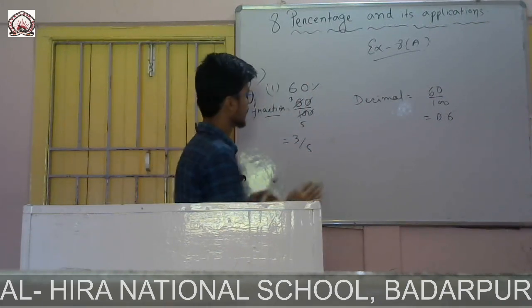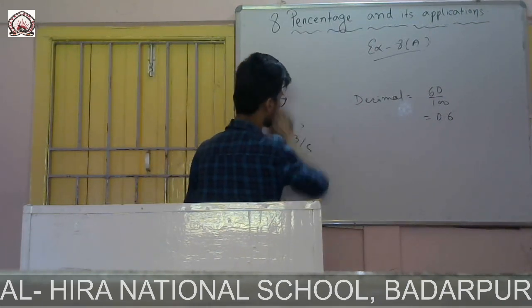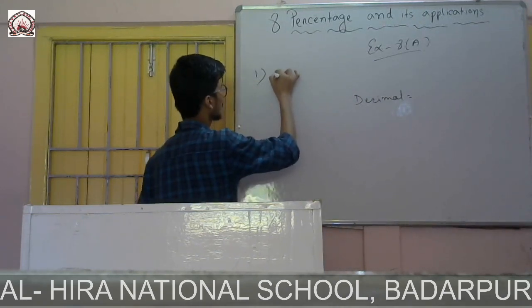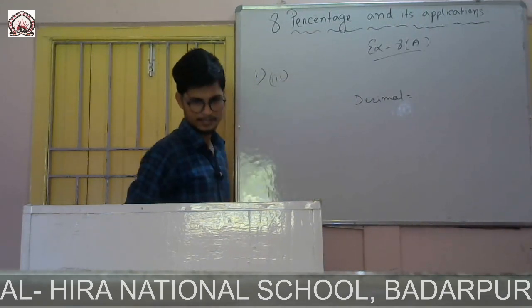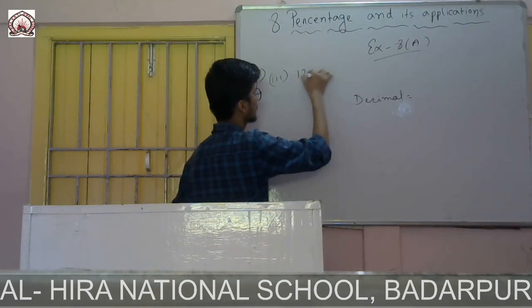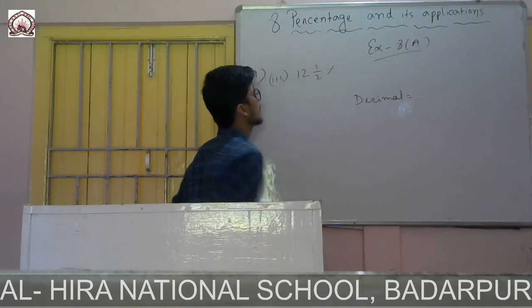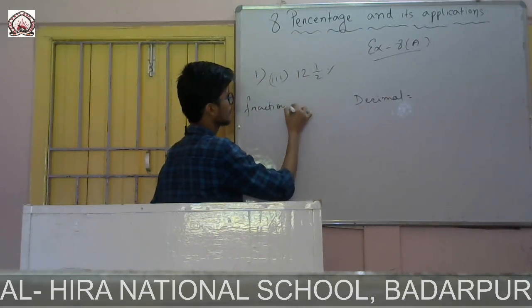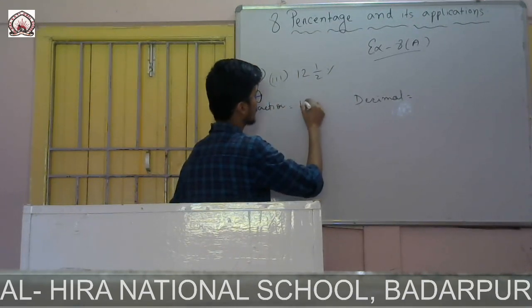Now question Roman number 3, you see. It is given 12.5%. So as a fraction, first of all you write 12.5.